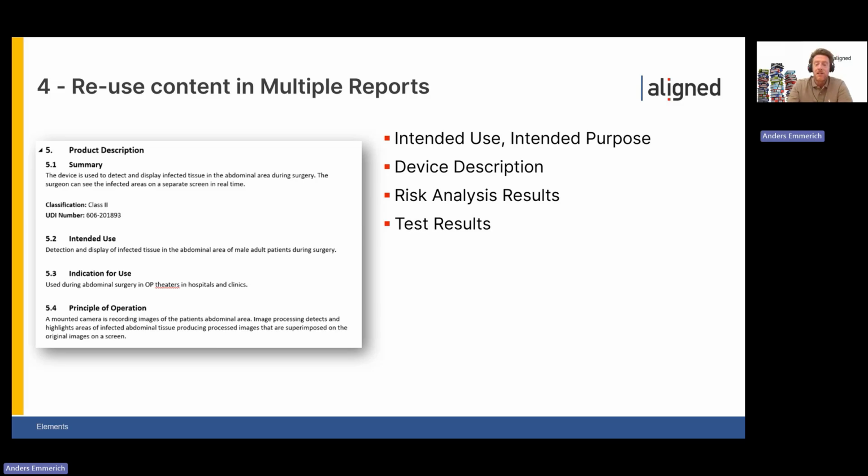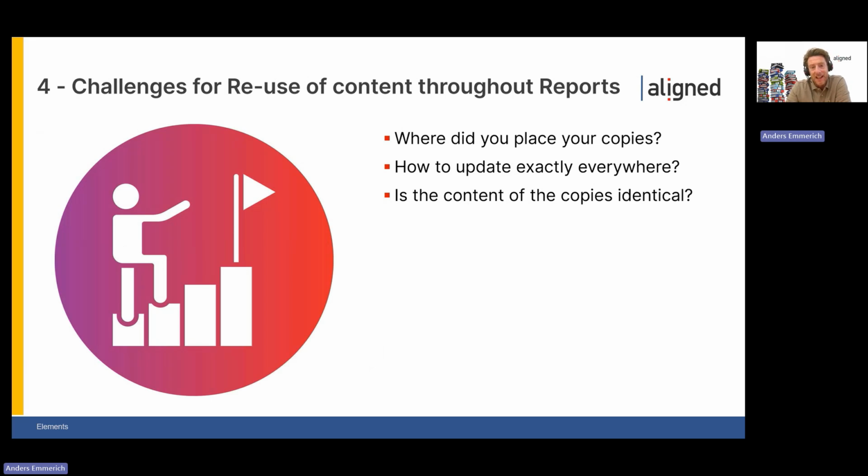I would say in a manual documentation system where we write the documents by hand, this is probably going to be a hard thing. If I do proper copy and pasting from document A to B, I need to kind of remember that. The next time I go and modify document A, I also need to go and modify document B. And that's really one of the biggest challenges in doing it the manual way.